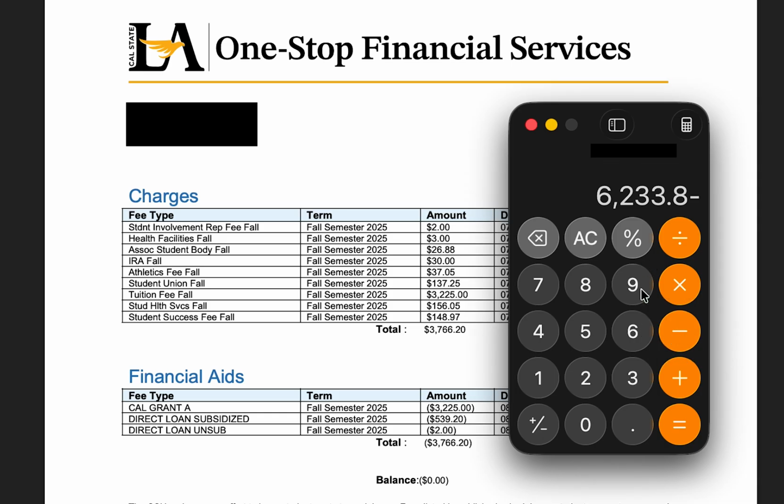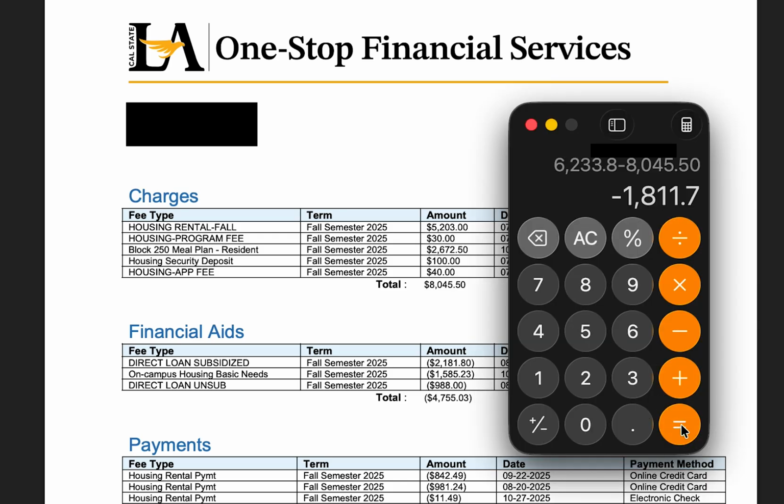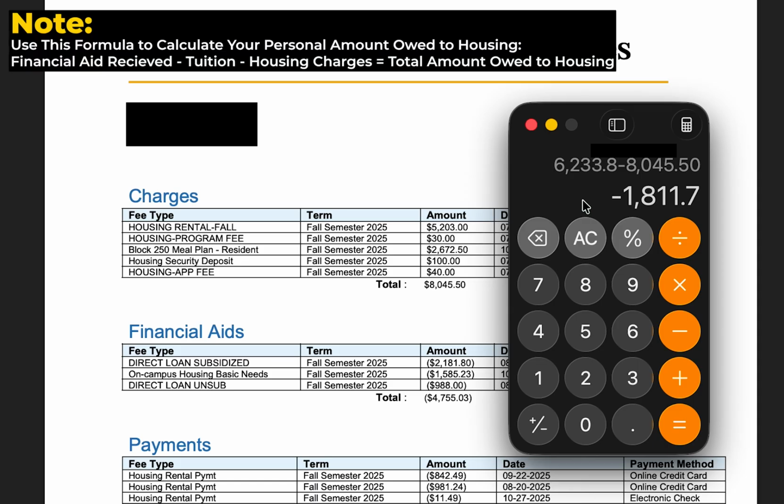Now, if you recall, housing charges were $8,045 with 50 cents. We can always go back to the report just to verify. So you can see that is the correct amount. You're going to see that this student would owe $1,811 with 70 cents in total for the semester of fall.